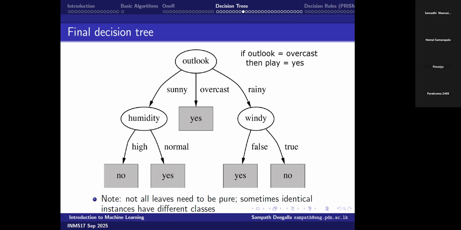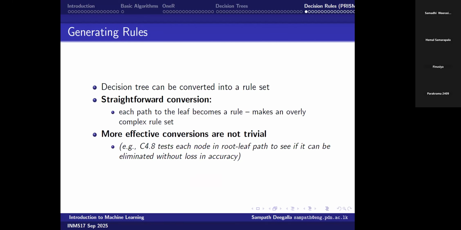That's one way of generating rules, and this is what I wanted to explain with the example tree that we have built. Trees can be converted into a rule set. Each path to a leaf becomes a rule. That means we had 5 leaves, so for each leaf we get a rule.